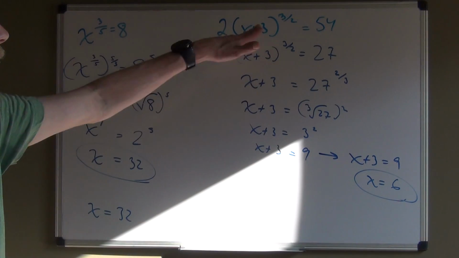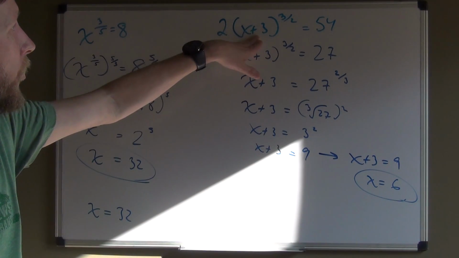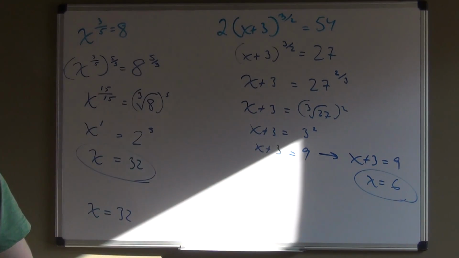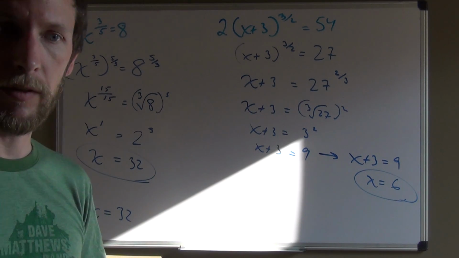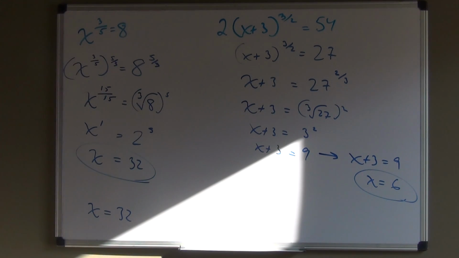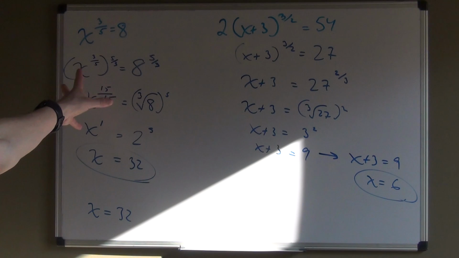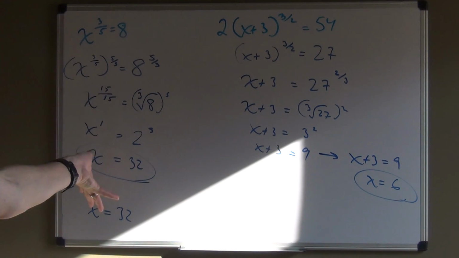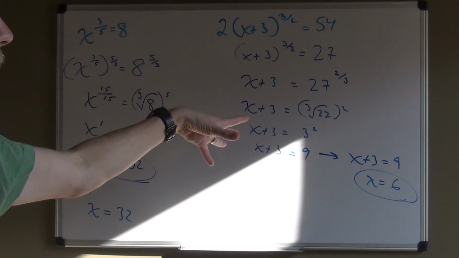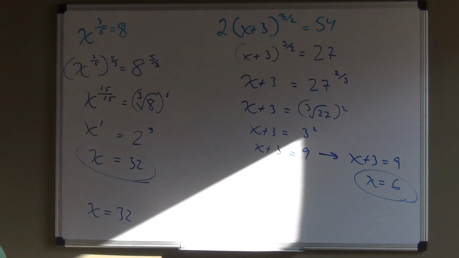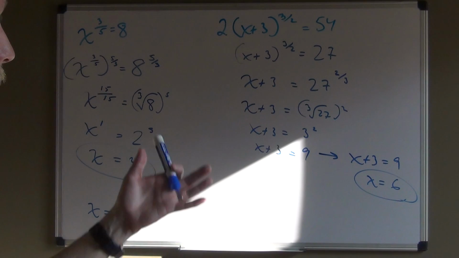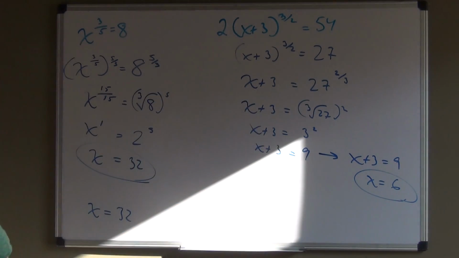Does it work? 2 times 6 plus 3 to the 3/2, you could type that in your calculator and it would indeed tell you that that is 54. So sometimes we may want to convert to a radical form, other times we can get past it without. If we're taking an even root on both sides, we have to do the plus or minus with our square root. If we're taking an odd root on both sides, we do not need to worry about plus or minus.